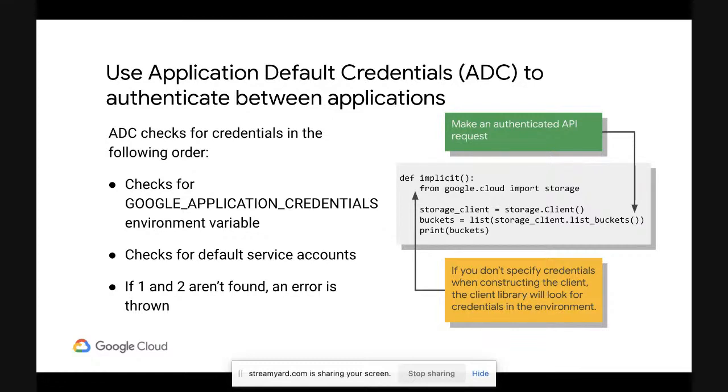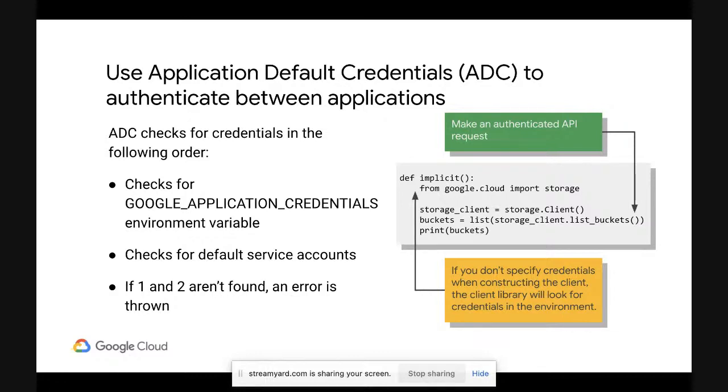Now, if that environment variable isn't set, then the ADC, the Application Default Credentials, will use the default service account that Compute Engine, GKE (Google Kubernetes Engine), or App Engine has been created with, or whichever compute service you use to deploy your code. It could be Cloud Functions as well. Assuming that your applications run on any of those services, we're going to use the default service account that comes with them.